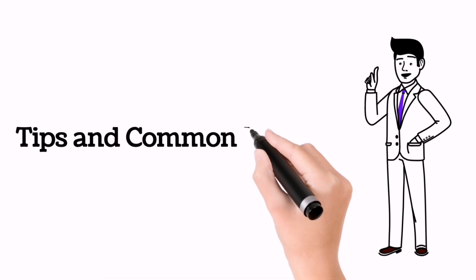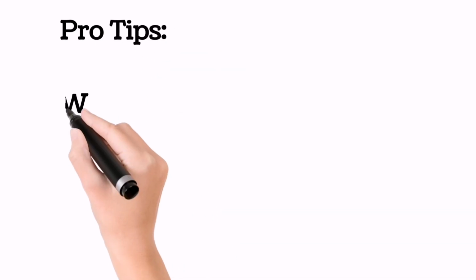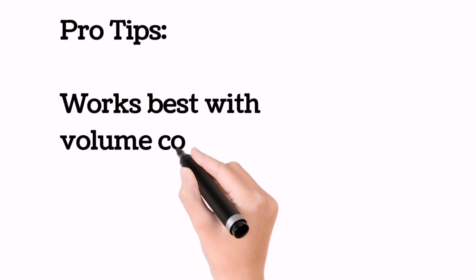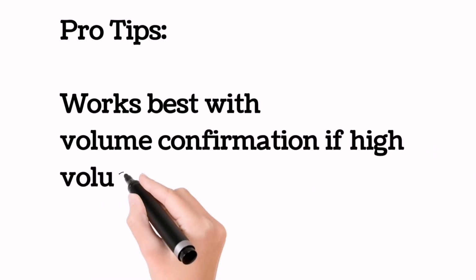Pro tips and common mistakes. Pro tips: it works best with volume confirmation. High volume on the doji equals a stronger signal.